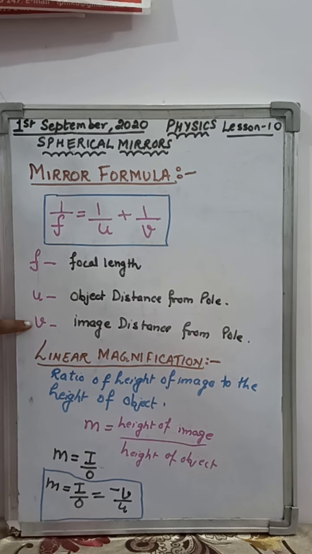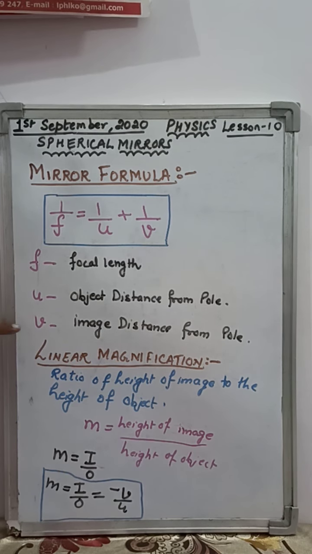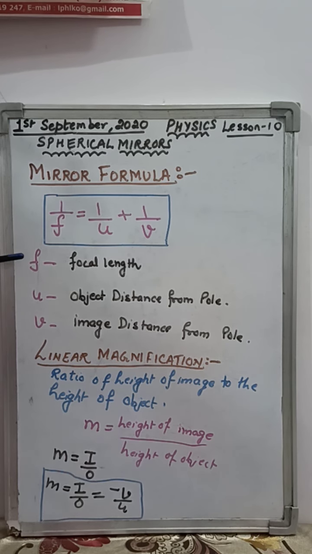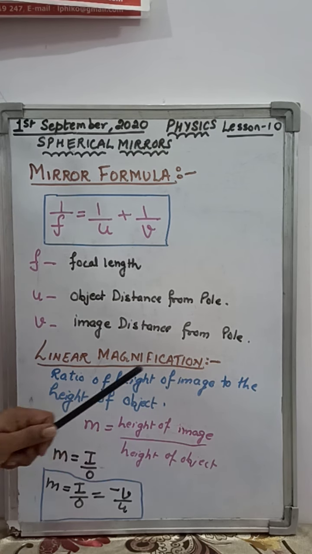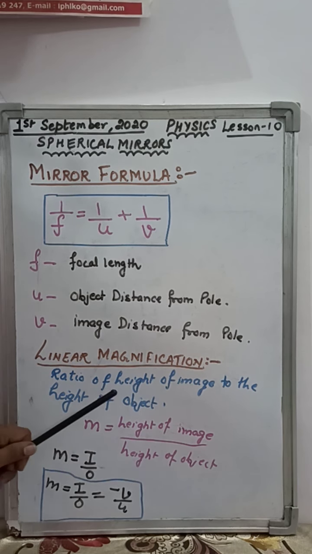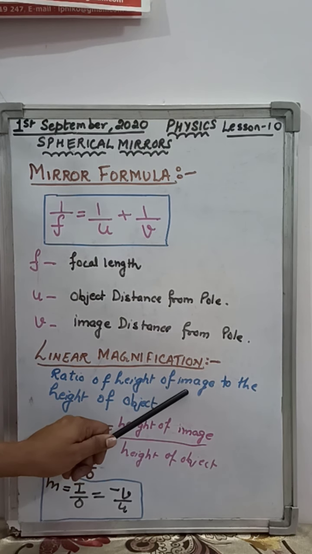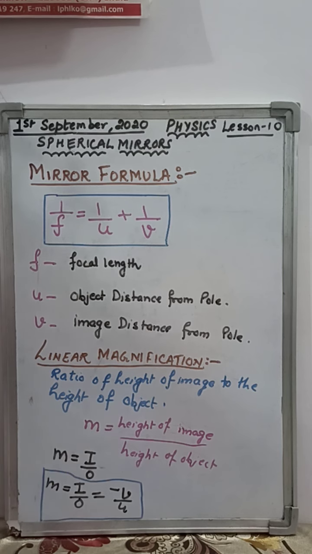Clear? So image distance is represented by small v, object distance by small u, and focal length by small f. So this is your mirror formula. Next is linear magnification. It is the ratio of the height of the image to the height of the object.